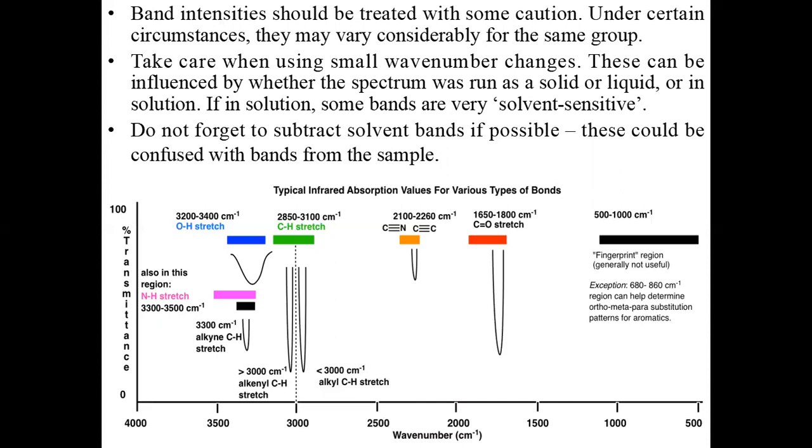For example, oxygen hydrogen bond stretching is present between the 3200 to 3400 per centimeter region, and the carbon hydrogen bond stretching is present between 2850 to 3100 per centimeter region, and the carbon triple bond nitrogen or carbon triple bond carbon is present between 2100 to 2260 per centimeter region, and the 1650 to 1800 per centimeter region shows the carbon double bond oxygen stretching band, and at the end the 500 to 1000 per centimeter region shows the fingerprint region.